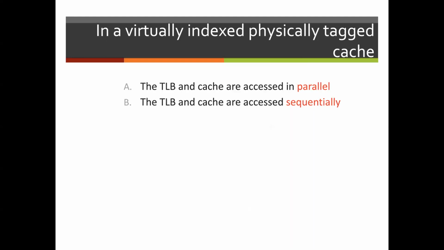And so in a virtually indexed, physically tagged cache, do we have the TLB and cache accessed in parallel, or the TLB and cache accessed sequentially? And of course, as we just said, our virtually indexed, physically tagged cache allows us to access the TLB and cache in parallel.